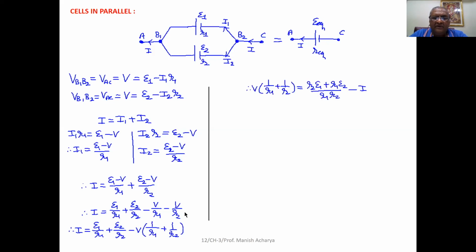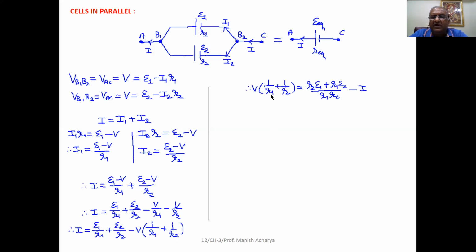Now, make this V into 1 upon R1 plus 1 upon R2 as a subject. So take it on left hand side and take this I on right hand side.